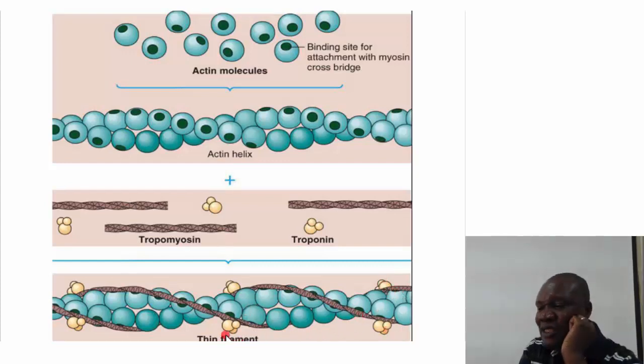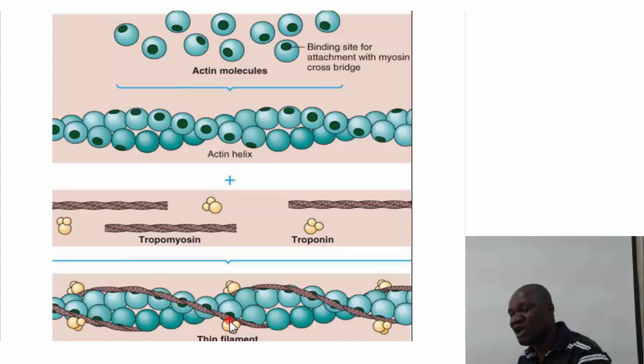Troponin T binds to tropomyosin to form the troponin-tropomyosin complex.